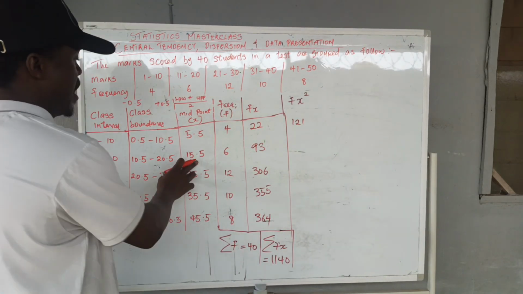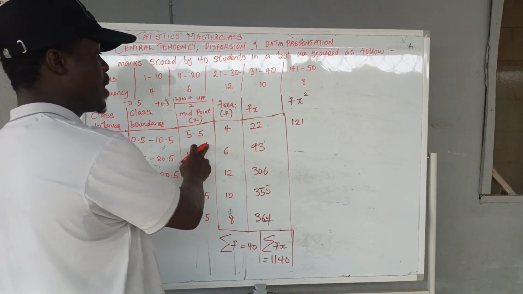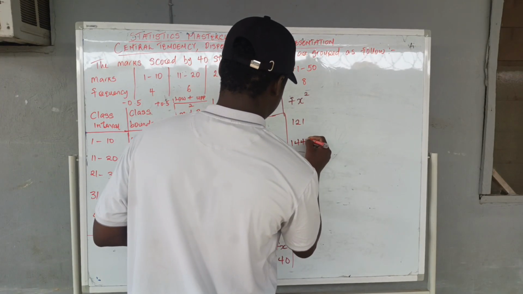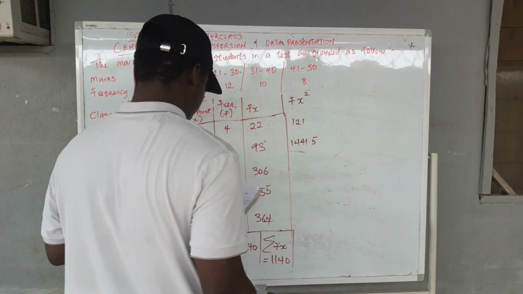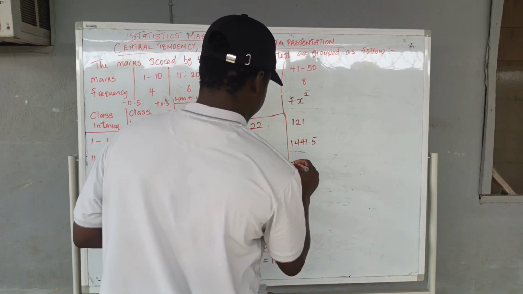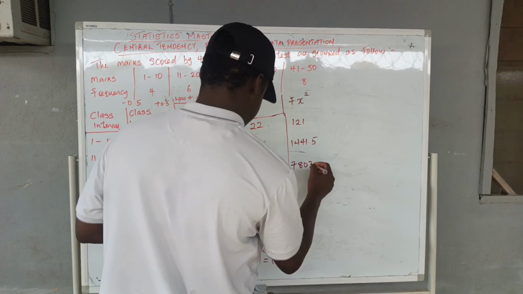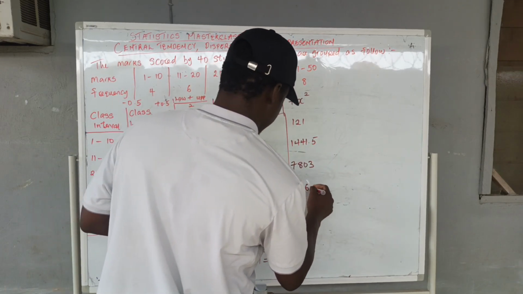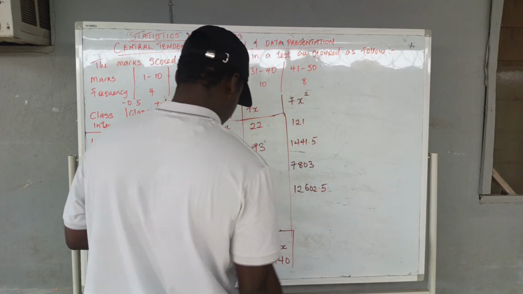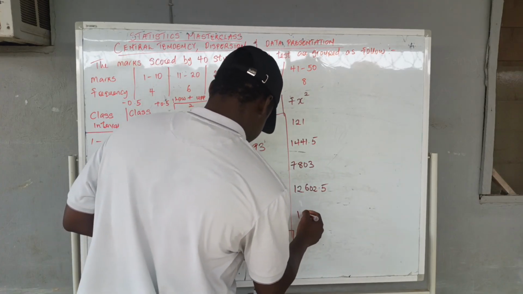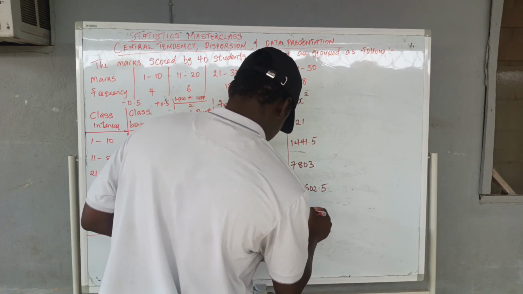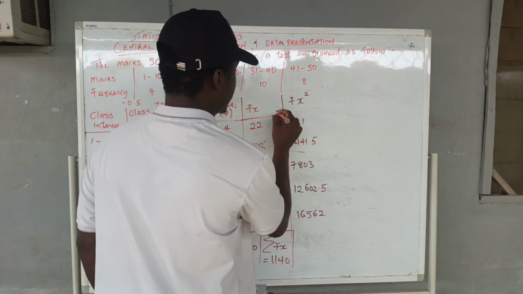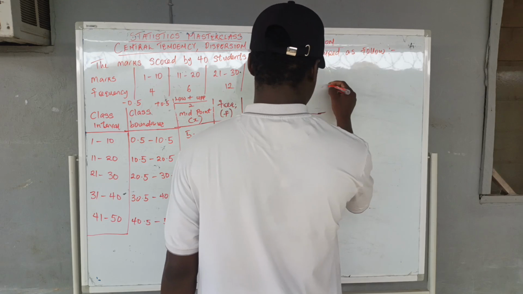So 15.5 to the power of 2 multiplied by 6 gives us 1441.5. For the next one, this gives us 7,803. For the next one, 12602.5. For the next one, we have 16562.